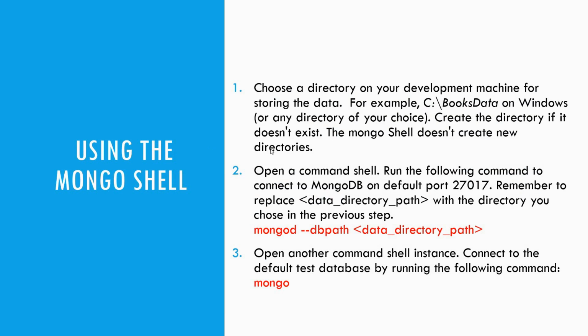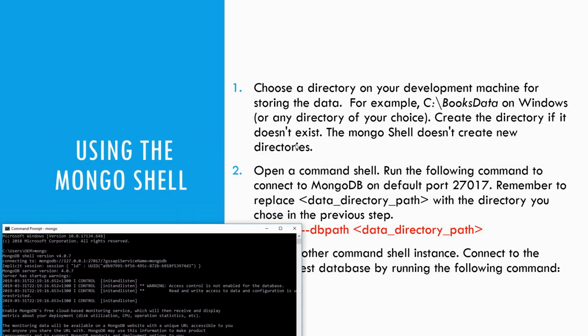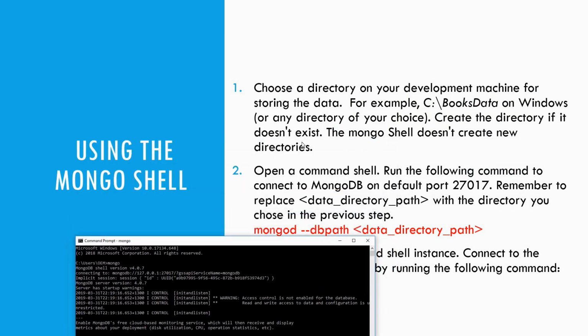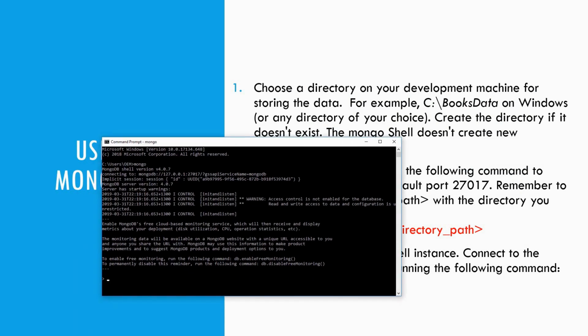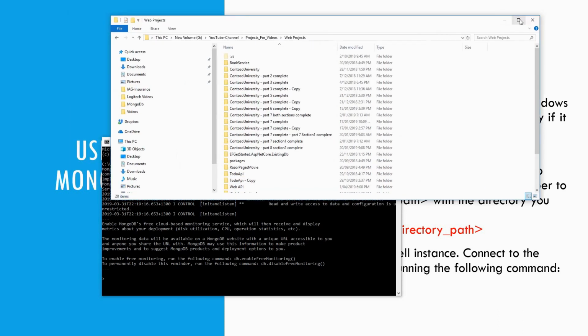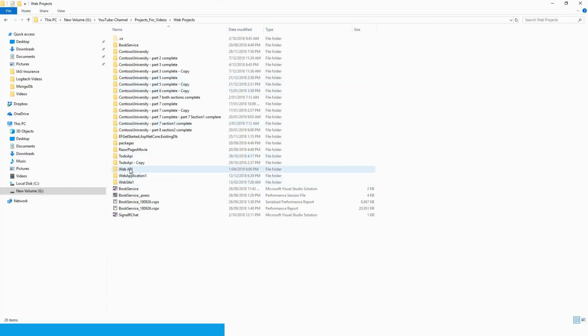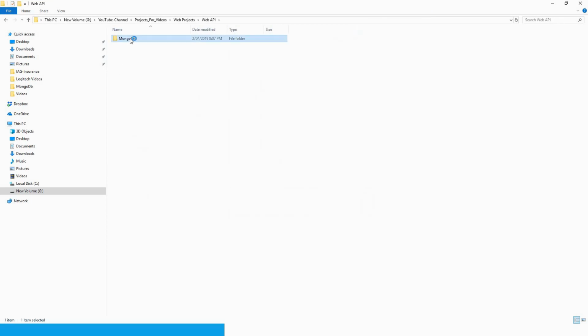All right, now I will get to my directory path. So this is my destination, this is my directory path: books data.